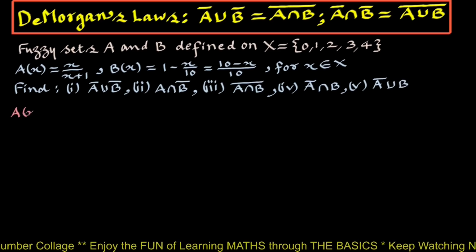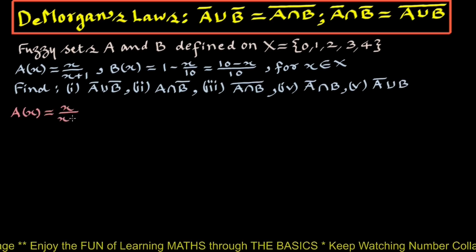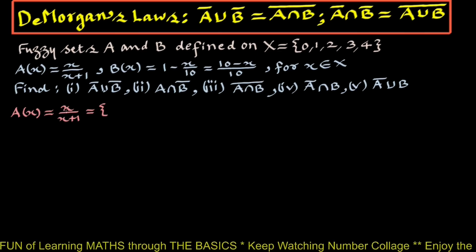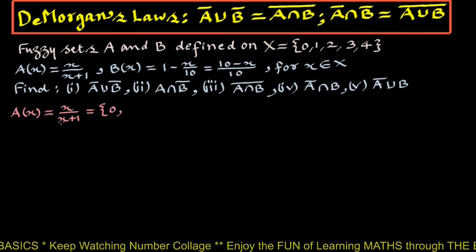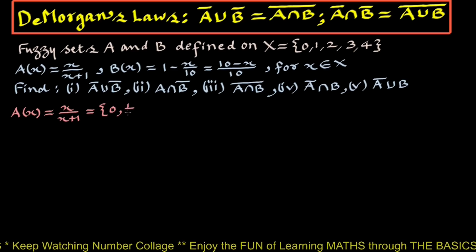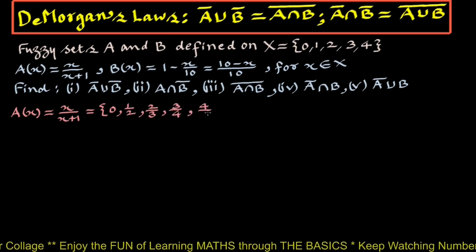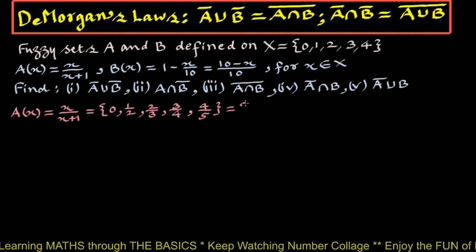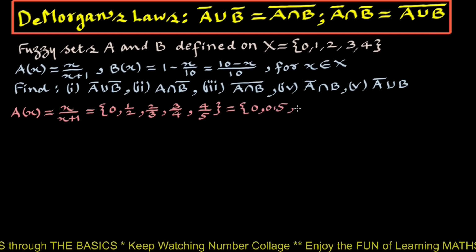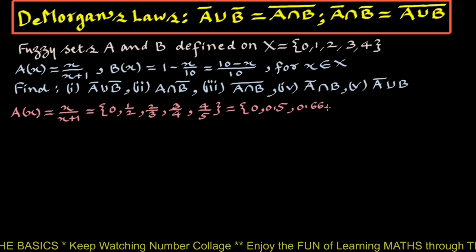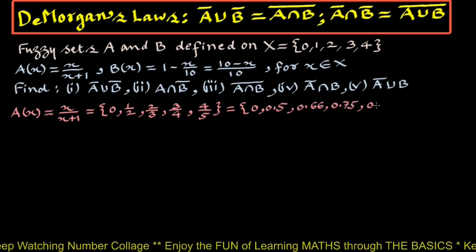A of x is x upon x plus 1, which we write 0 upon 0 plus 1, 0 upon 1, 1 upon 1 plus 1, half, etc. and 4 upon 5. For comparison purposes, we write them in decimal form: 0, 0.5, 0.66, 0.75, 0.80.